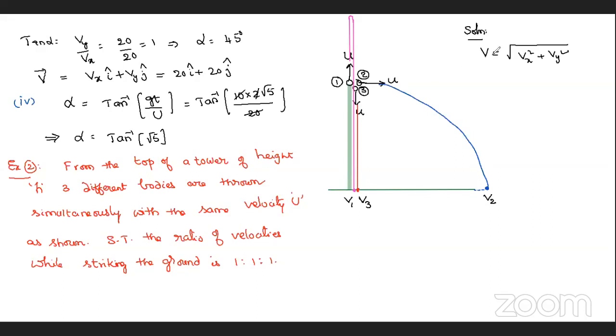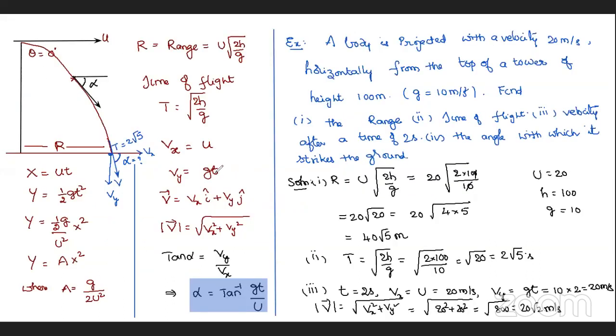This is v magnitude, second body v2, where vx in case of horizontal projection is u and vy is gt, and time taken to reach the ground is root of 2h by g. All are there, directly you can substitute.